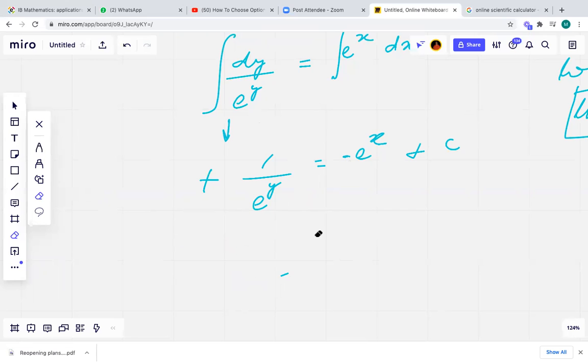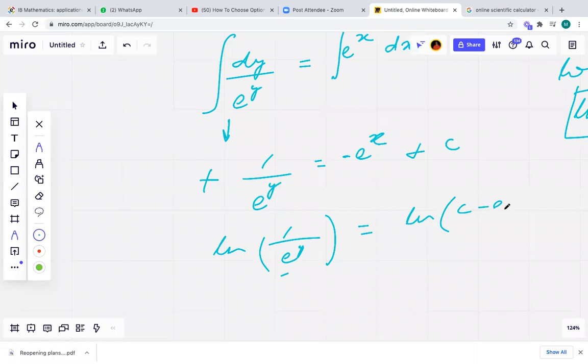Now when I take ln on both sides, what do I get? Ln of 1 upon e to the y is equal to ln of c minus e to the x.